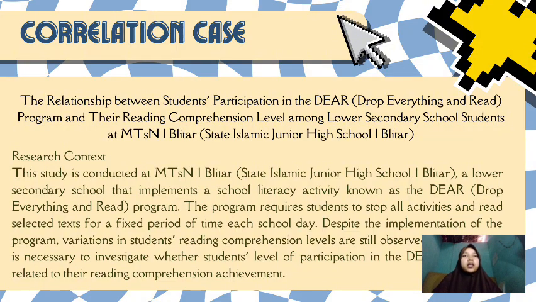From the title we can see there are two variables. The first variable is the independent variable, student participation in the DEAR program, and the second variable is the dependent variable, students' reading comprehension level.